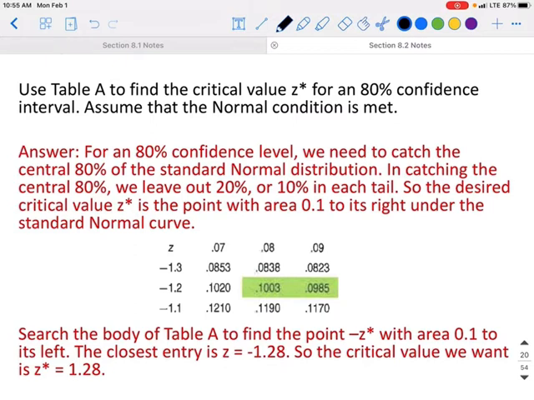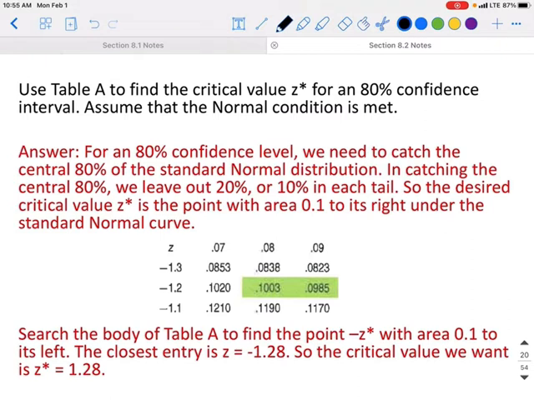If you work to the left, you see negative 1.2, go up, you have 0.08. So that's going to tell us we have a z star value of negative 1.28. The other value would also be a positive 1.28 because it's going to be the same distance from the ends. So our two values would be negative 1.28 and positive 1.28.